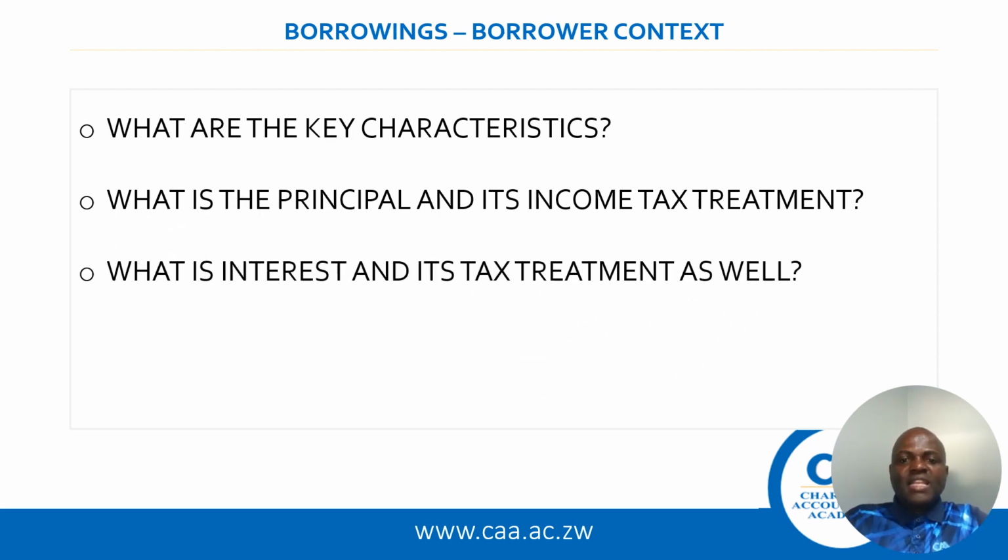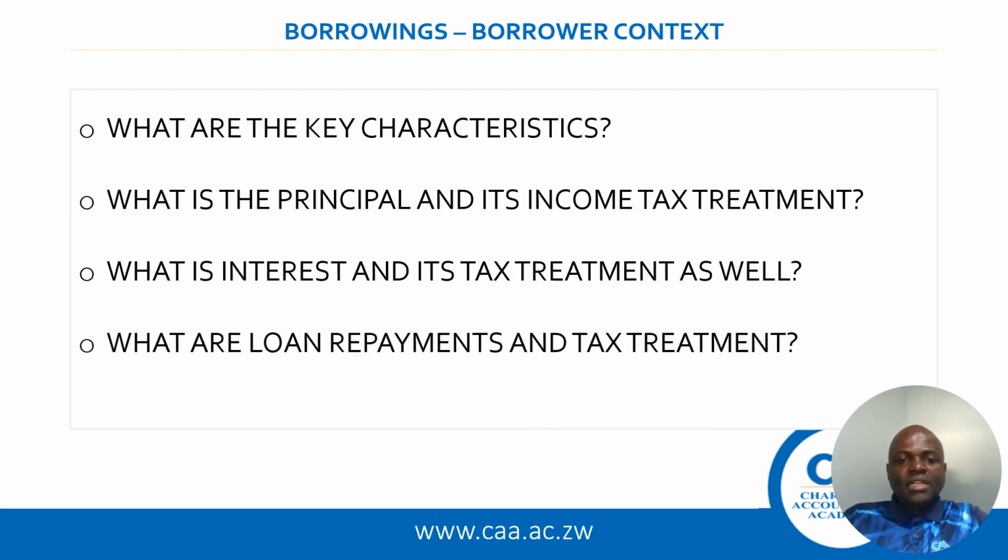The interesting one, obviously, is the interest, which has a common law principle that we'll deal with. And then lastly, the loan repayments. Once you characterize the entire principal amount as capital in nature, it is then compelling to also characterize the repayments as capital in nature.